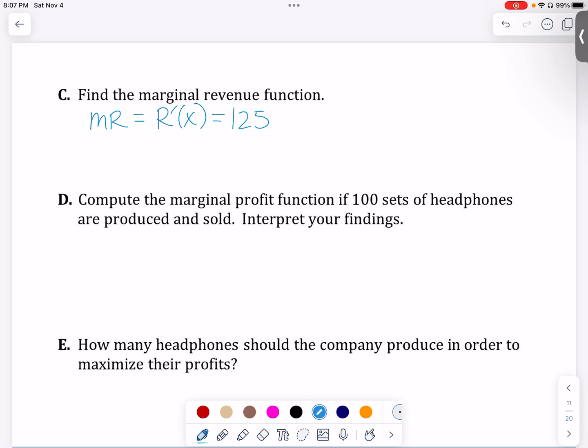Okay, so in part D, we want to compute the marginal profit function if 100 sets of headphones are produced and sold. Interpret your findings. In order to find this marginal profit, I need to know pi prime of 100, and I get that pi prime of 100 is $73.